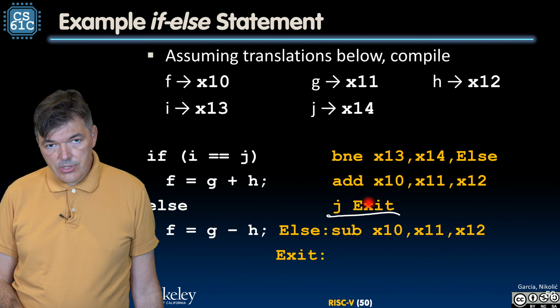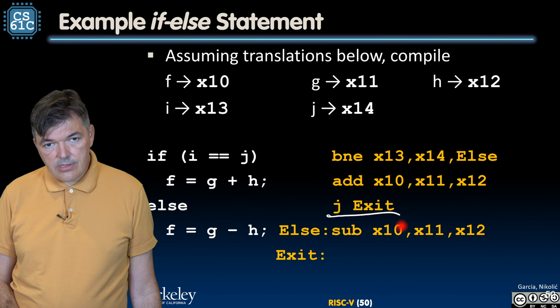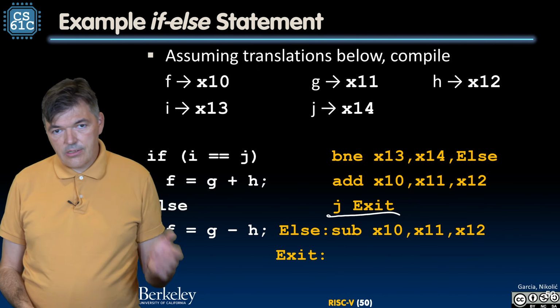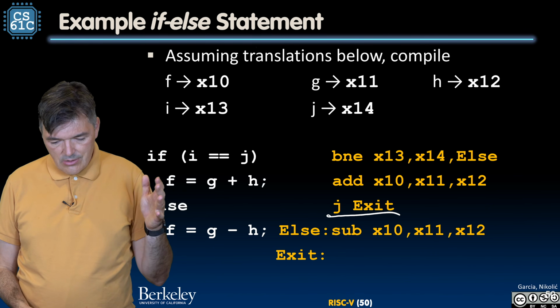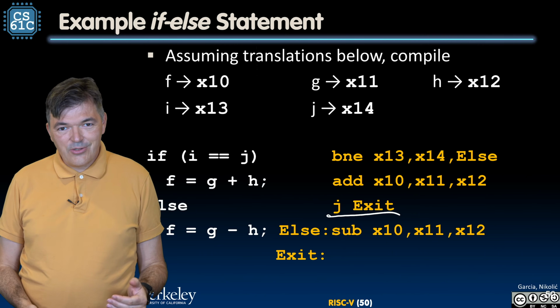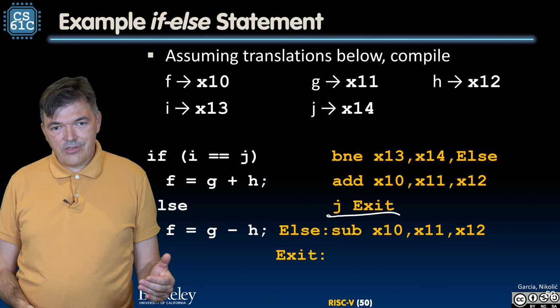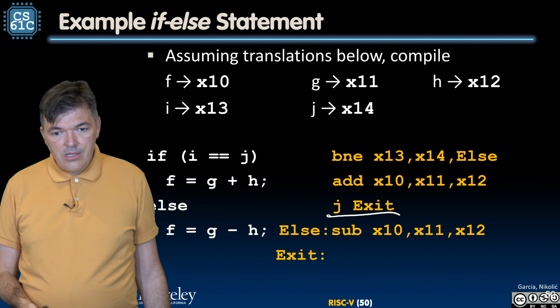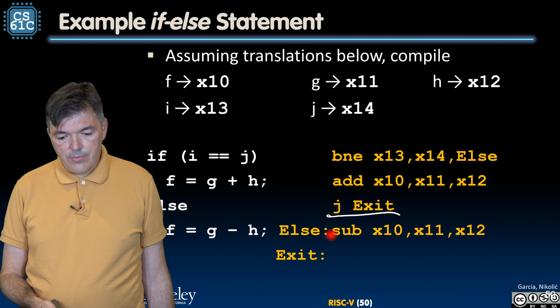Then, if there is no jump, we will execute the next instruction that will subtract the contents of two registers and put the result in x10. And you'll always do that. And you'll be looking at this code, debugging and scratching your head: why do I never get this add to happen even though I wrote it in there? Well, because it gets overwritten. The content of a register gets overwritten. So this jump is a must.